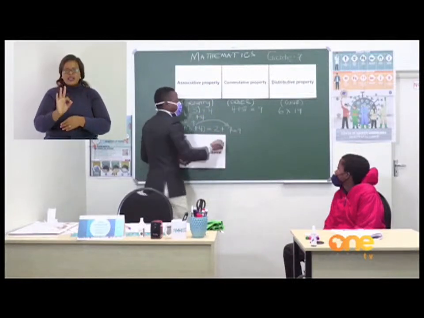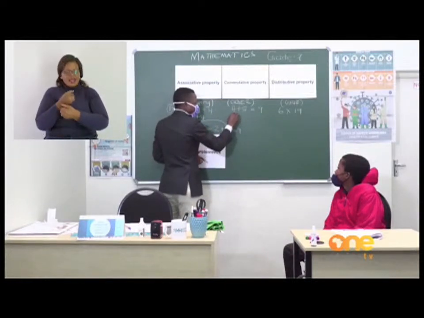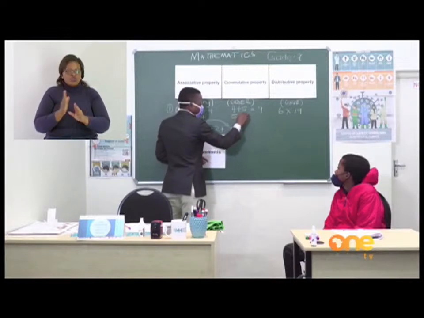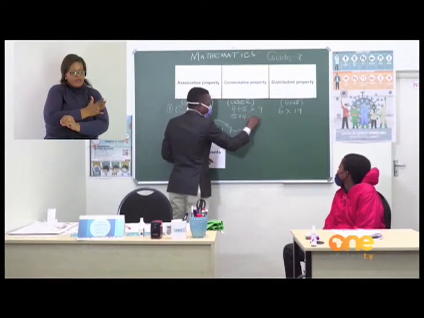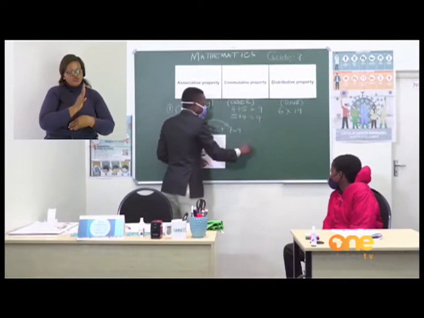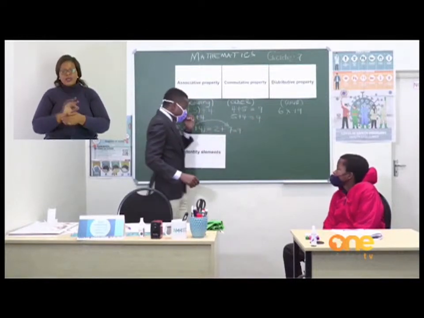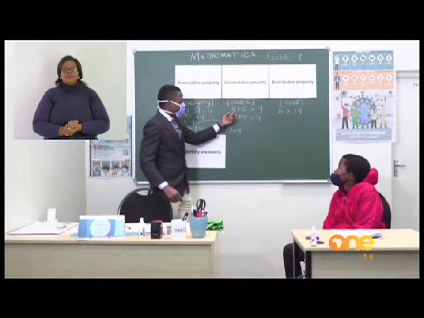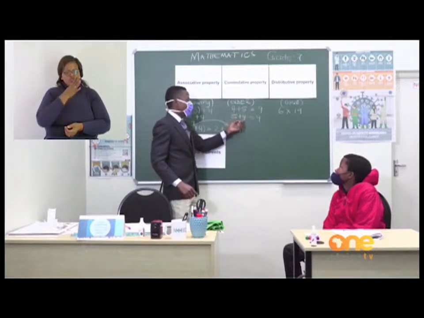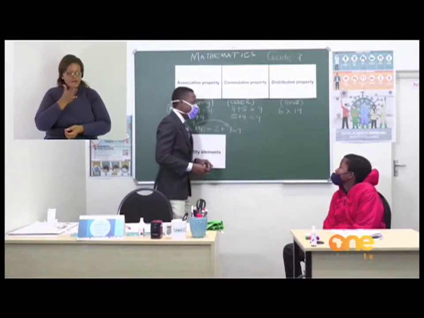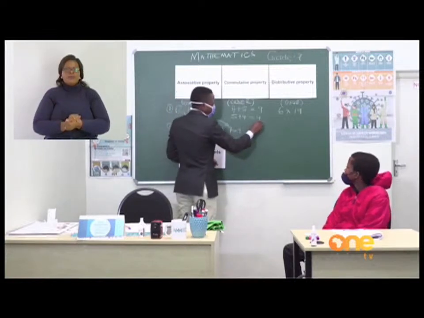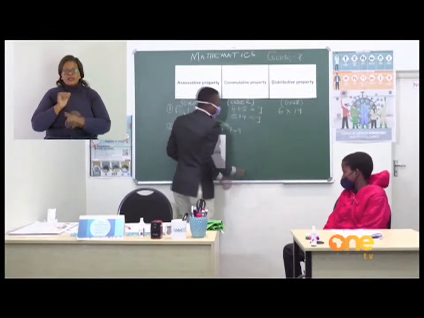But I can decide 5 added to 4 to give me 9. Now look at this. 4, 5. 5, 4. Addition is the same, but I still get the same answer.